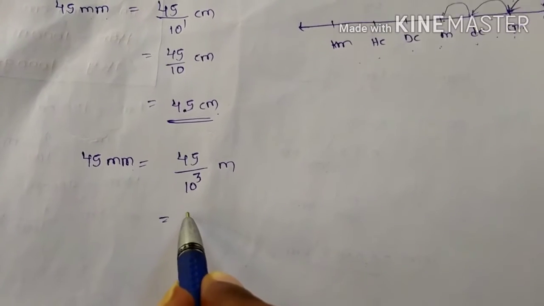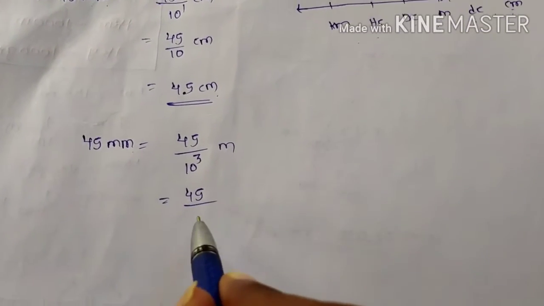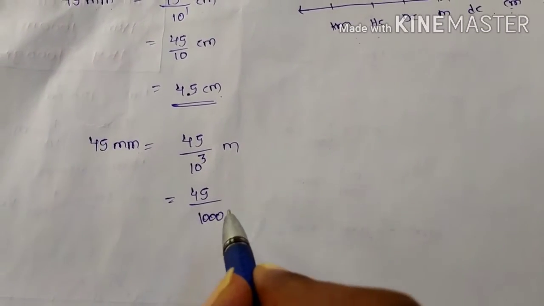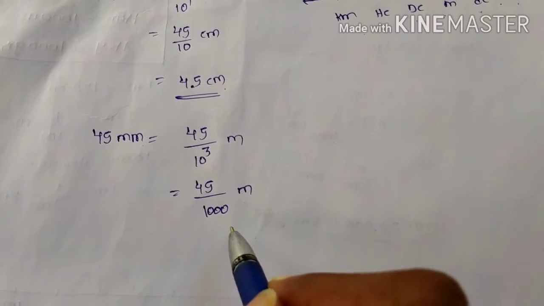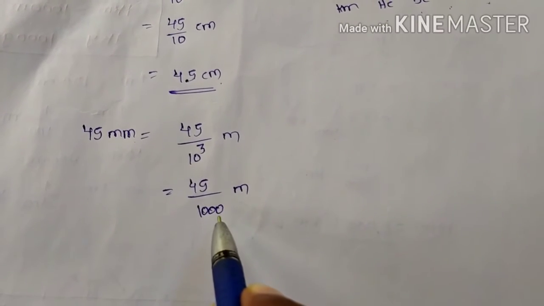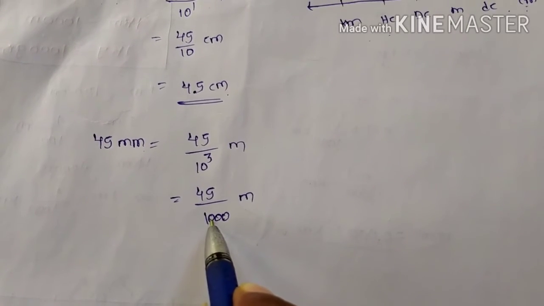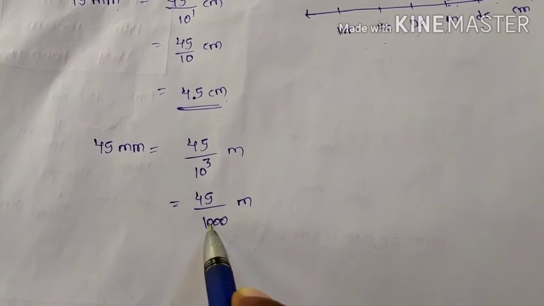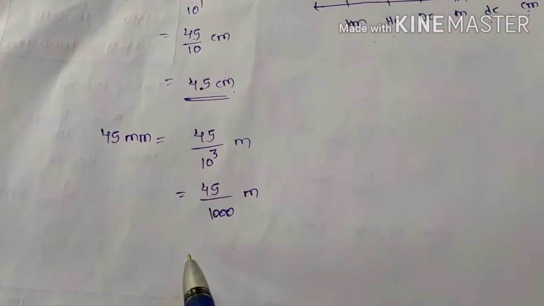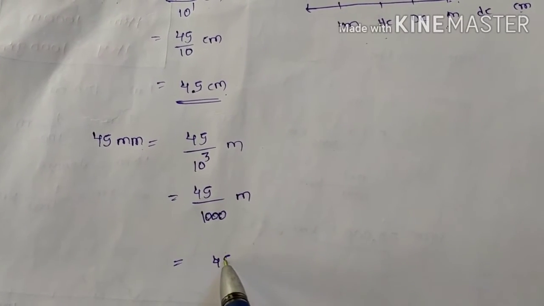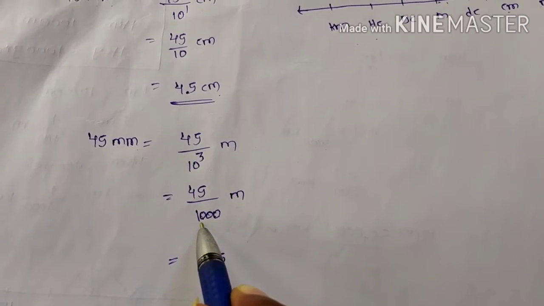You can see here 45 by 10 cube means it is 1000, or not? Yes. 1000 meters. See how many zeros are available? 1, 2, 3. So you put decimal point after 3 digits from the right side. See here 45, you need to check 3 digits.